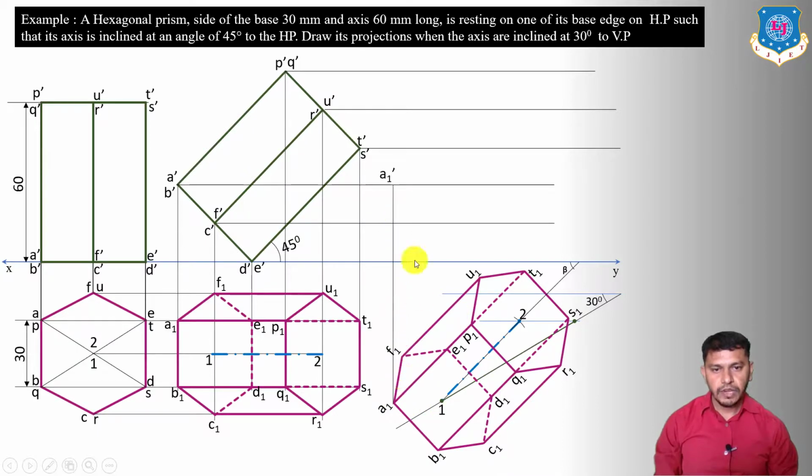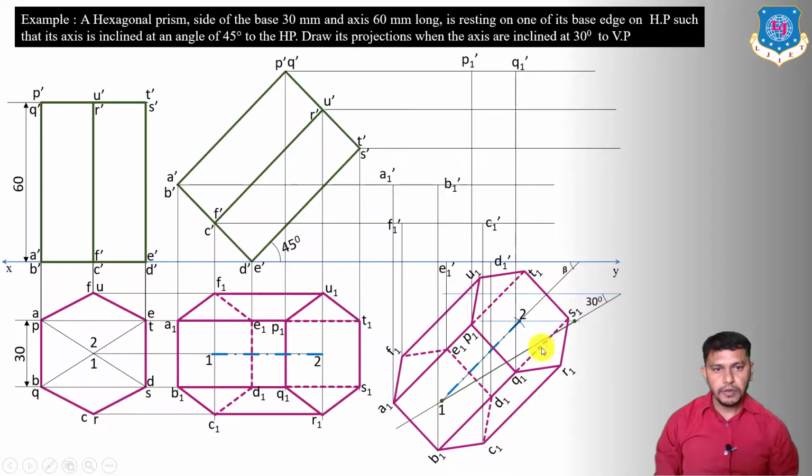So this will be A1 dash, B1 dash, C1 dash, D1 dash, E1 dash and F1 dash. This will be the projection of the base. Now draw the projection of the top face. P1 dash, Q1 dash, R1 dash, S1 dash, T1 dash and U1 dash.